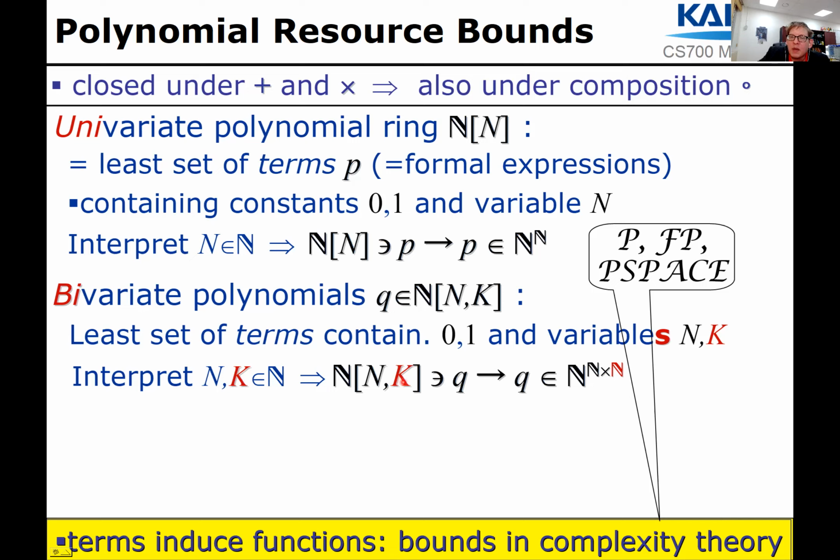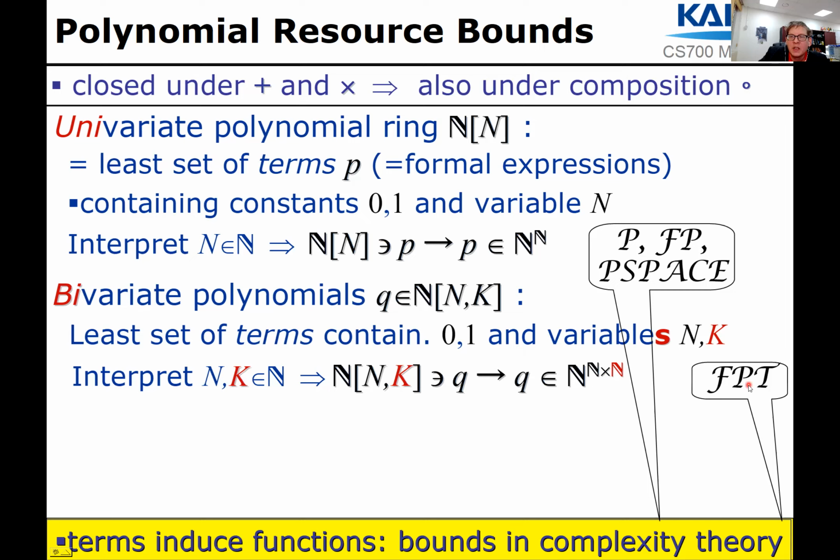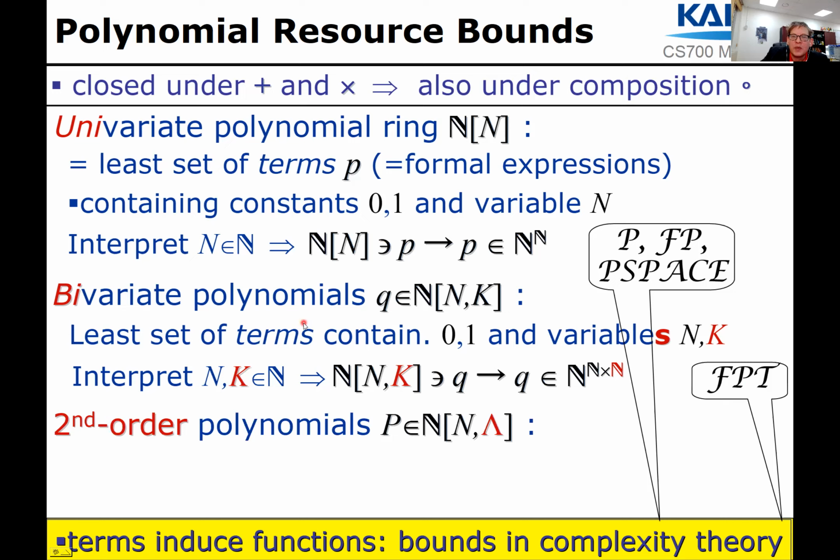And we cannot plug them into these kinds of polynomials because they expect natural numbers as assignments to the variables, not natural number functions. So this is good for fixed parameter complexity, for parameterized complexity, bivariate polynomials. But when we talk about higher type computation, we need to also consider higher type polynomial resource bounds, specifically something which has been known as second order polynomials.